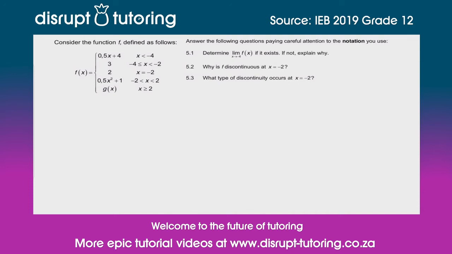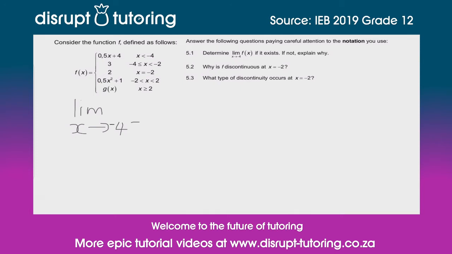So, if we have a look at where x is equal to minus 4, that occurs on that arm. From the left, it is that function. From the right, it is that function. So what we do is we work out the limit. We say the limit as x tends to minus 4 from the left.